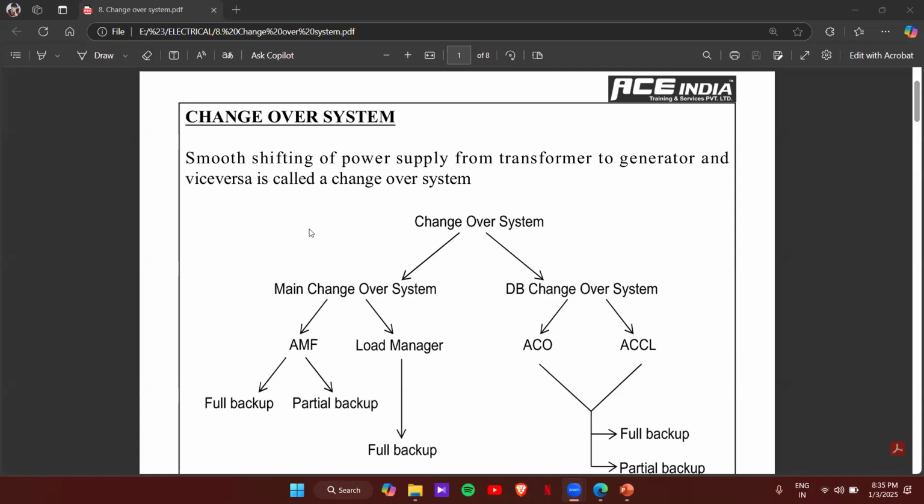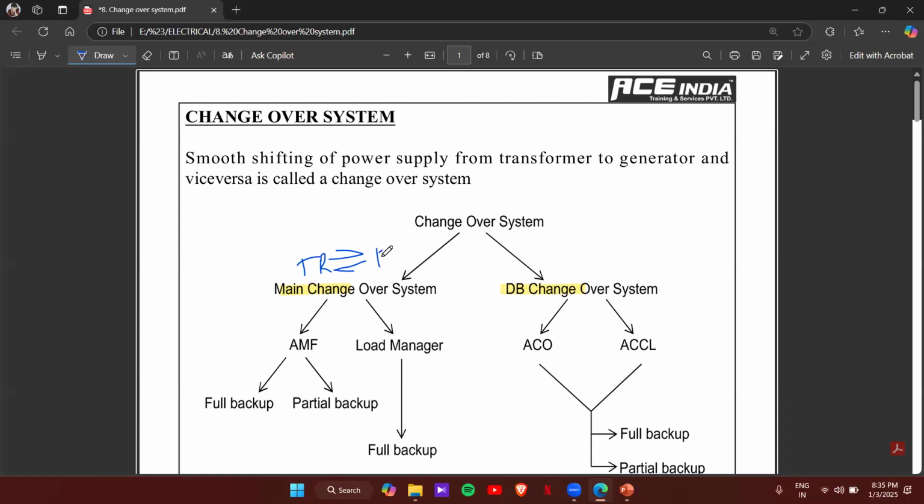Okay. So for changeover, we'll mainly have two classifications. The first one will be the main changeover system. Second is called the DB changeover system. The main changeover system is the switching between the transformer and the DG.